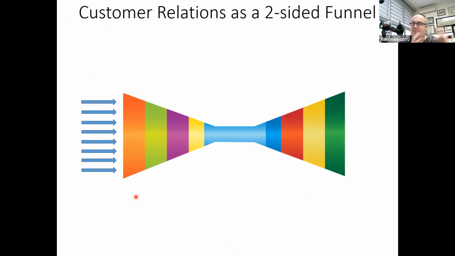So the customer relationship management, or the customer relations block, can also be thought of as a two-sided funnel. So you have two funnels, one part getting narrower and then continuing straight and then expanding on the other side. So the first part of this funnel is about how do you get your customers?